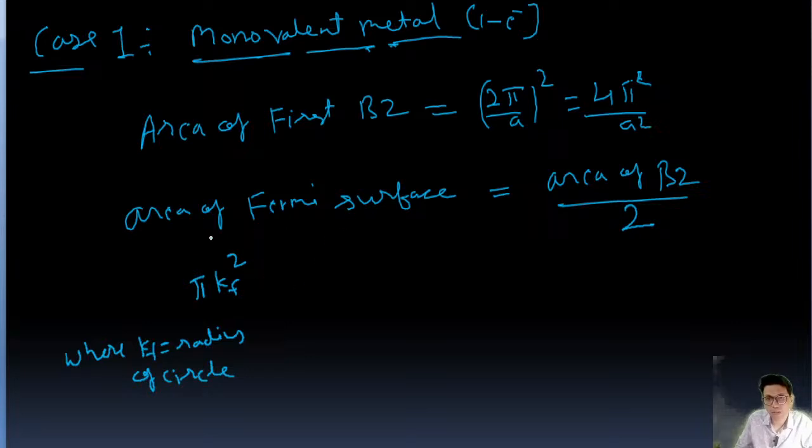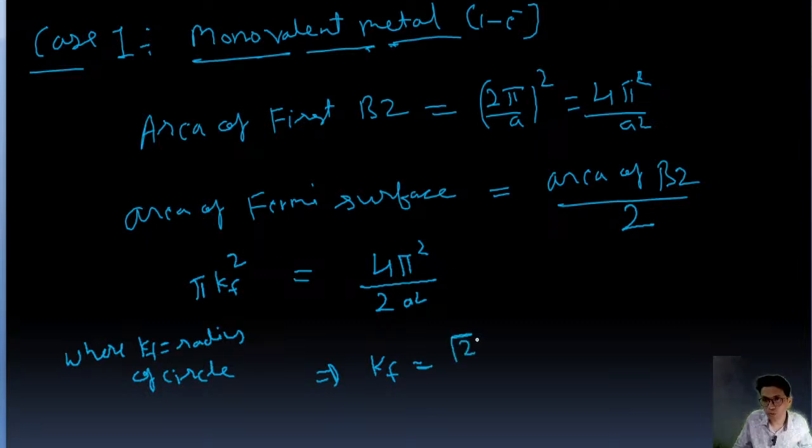Okay, so the area of the Fermi surface is going to be equal to the area of the Brillouin zone. We know that is 4 pi square upon 2a square, right? So from here we can get the value of kf. Pi will get cancelled. The value of kf is going to be root 2 pi upon a.